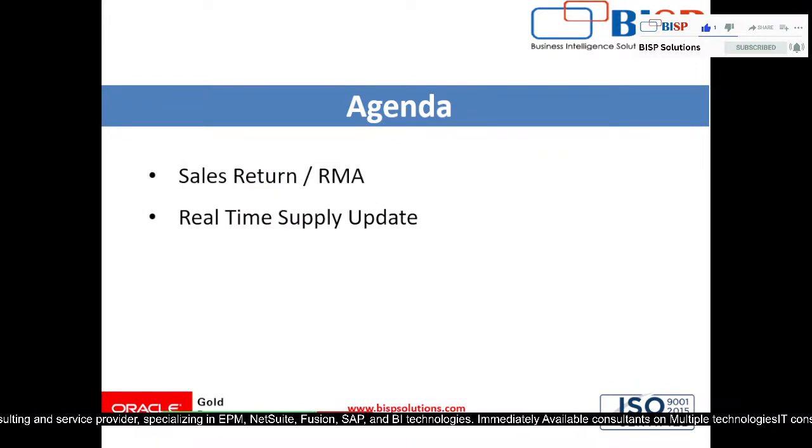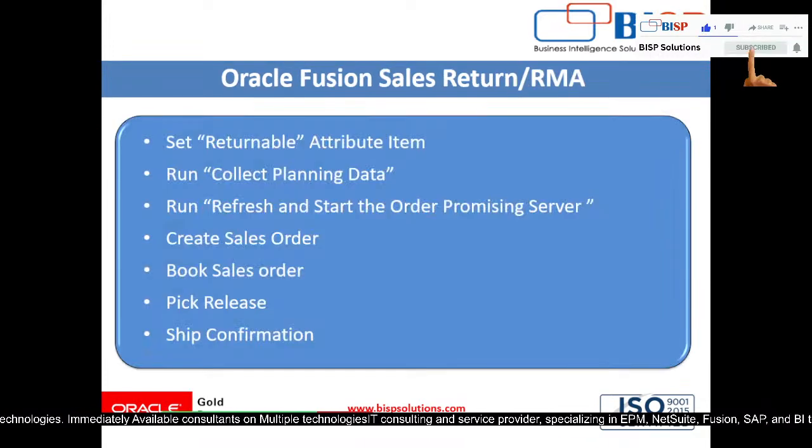Only for the addition in the item, you can perform the real time supply update, right? Only the item. But whenever you create the inventory or the sub inventory, at that time we have to provide these two things.